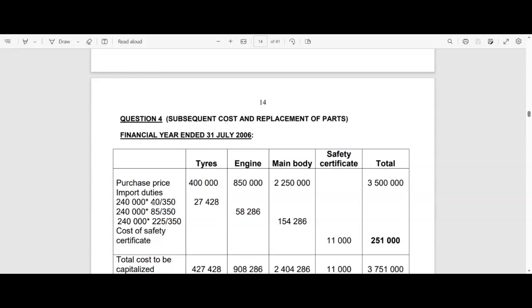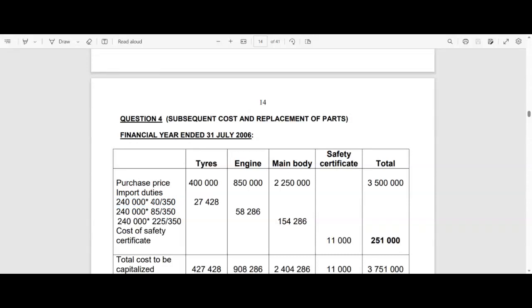So this means our formula is 400,000 rand over 3,500,000 rands, which translates to that if you chop off 1, 2, 3, 4 zeros above and below the line, which you can do in mathematics, as you know, and then we multiply that by the actual cost that needs to be allocated.